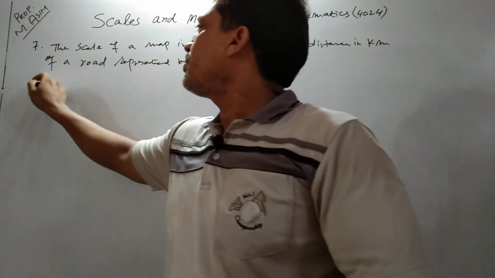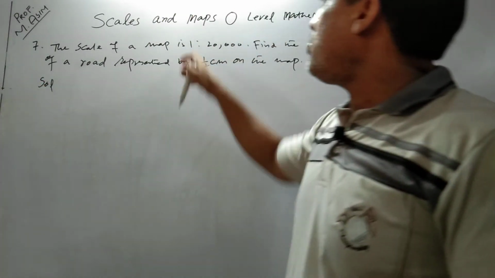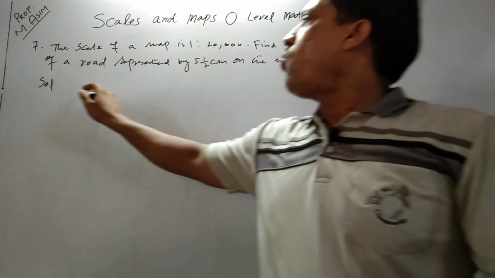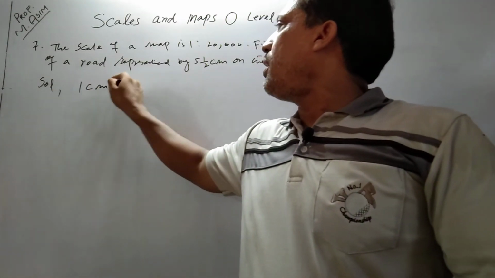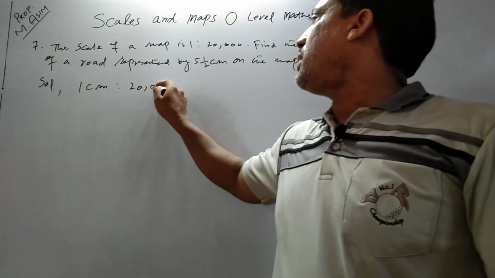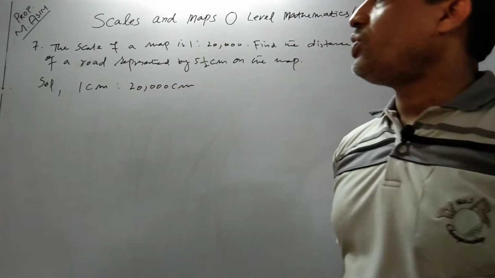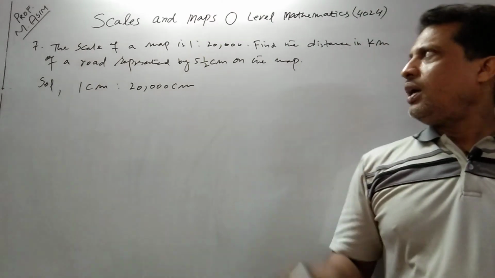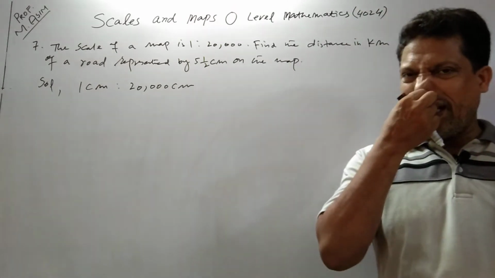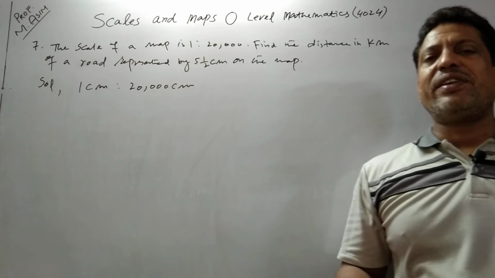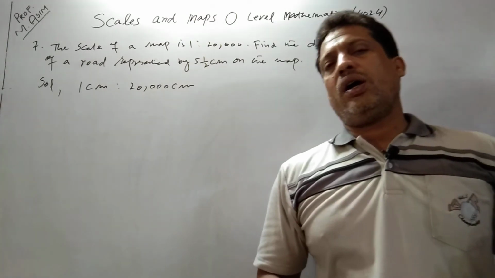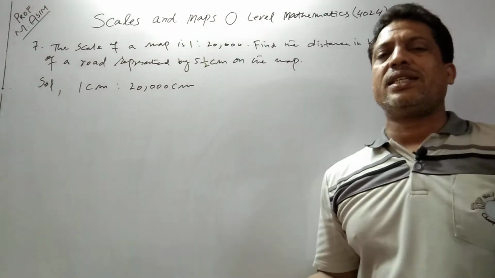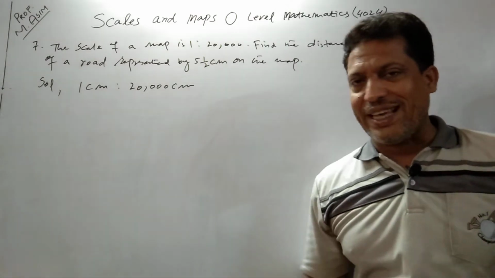Solution: whenever you see 1:20,000 without a unit, it means 1 centimeter represents 20,000 centimeter. So student, in this topic, if you remember the important points, such as how to convert the linear scale into area scale and into volume scale, the question becomes very easy.